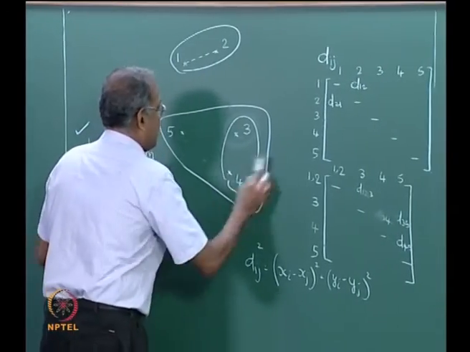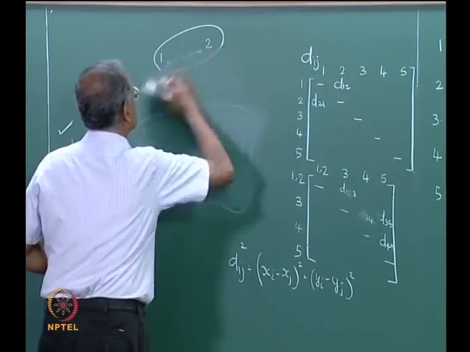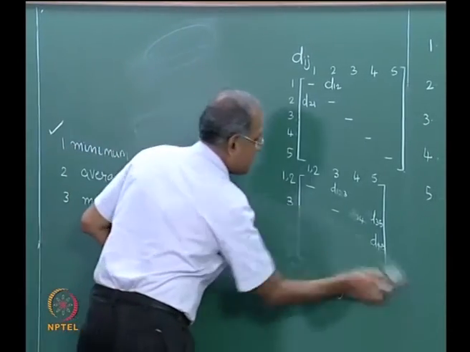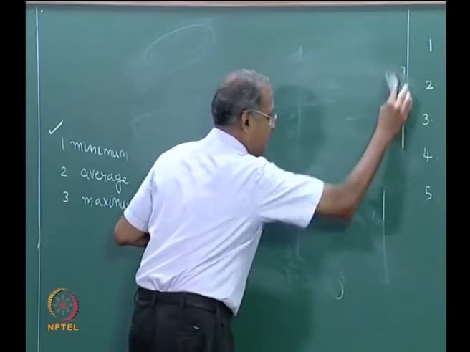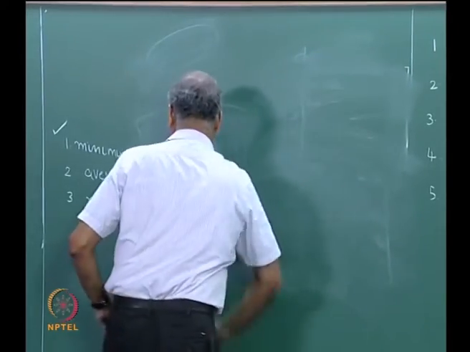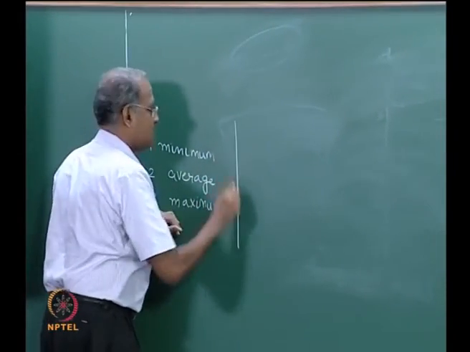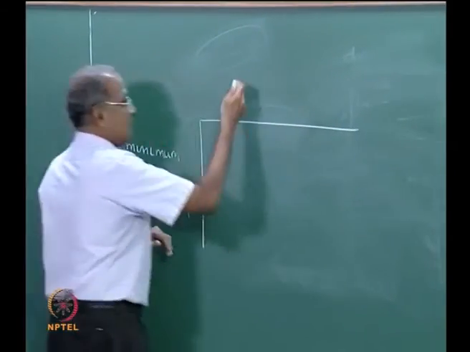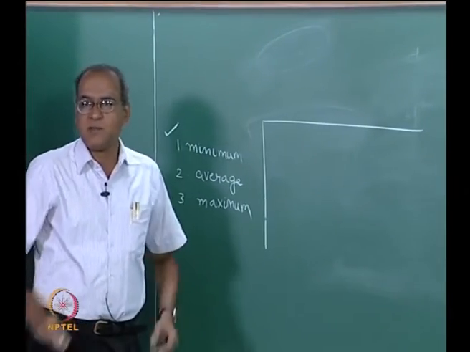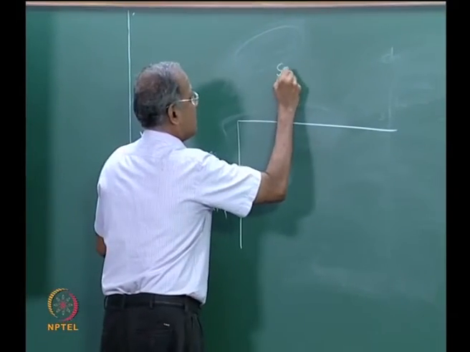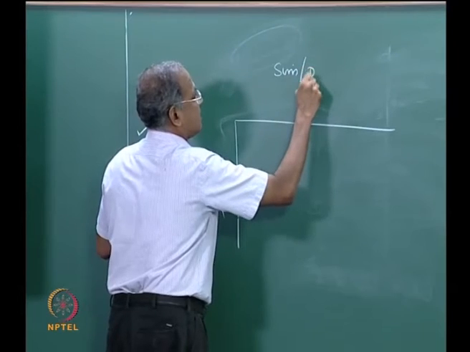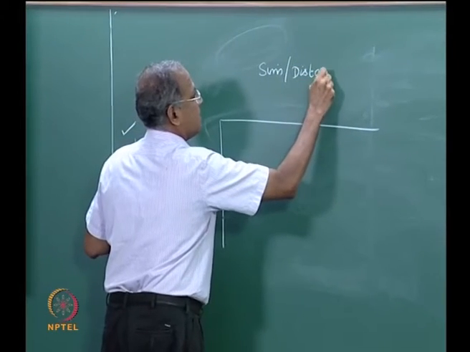So, the algorithm that we have seen, if you see very carefully, there can be different versions of the clustering algorithm depending on how the similarity or distance is calculated.